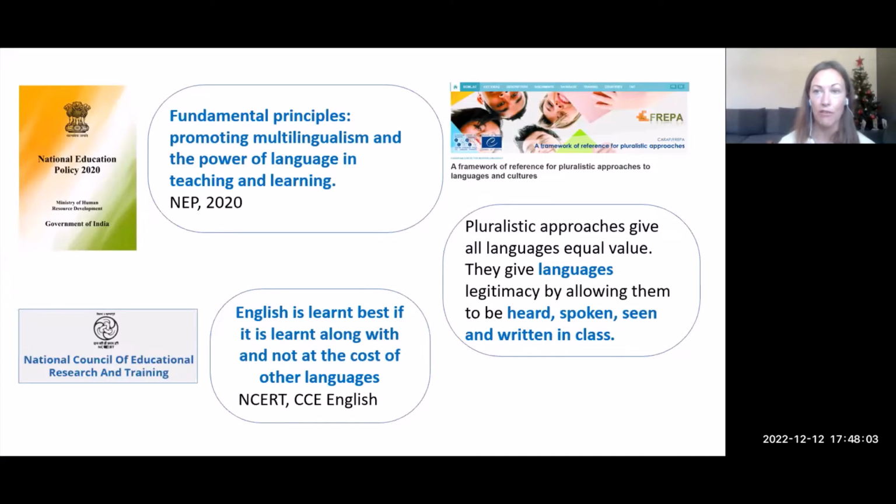Of course, you are familiar with this as teachers in Indian classrooms. As Rekha said, teaching should be multilingual. And then here in the English section, I really like this quote: English is learnt best if it's learnt along with and not at the cost of other languages. So this is the approach that Isabel and I followed throughout our work, and the framework on the right-hand side, which I'll be giving a link to later, if you're interested to read more.